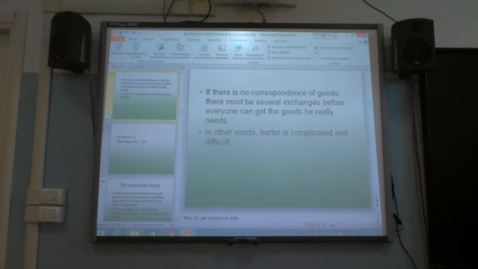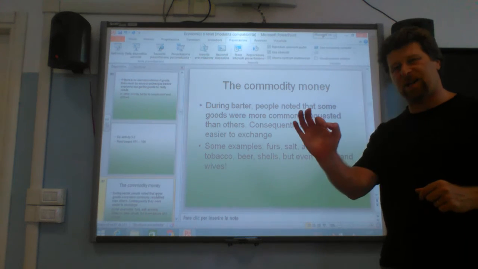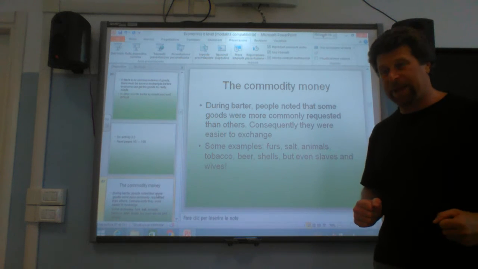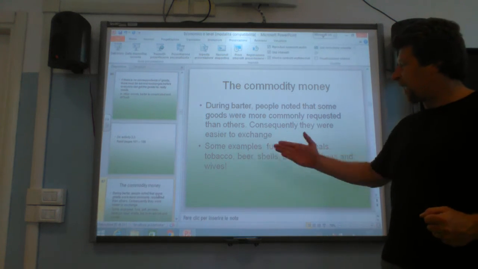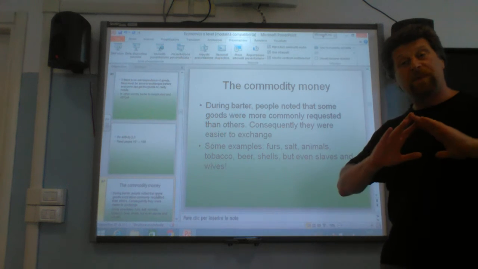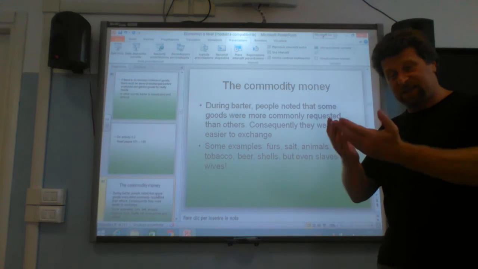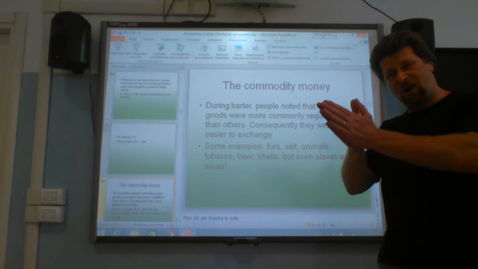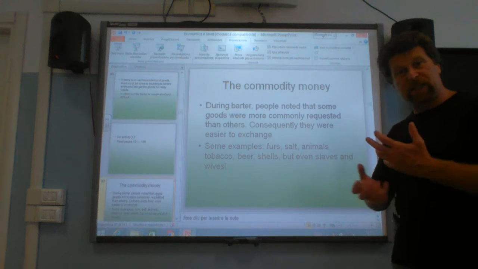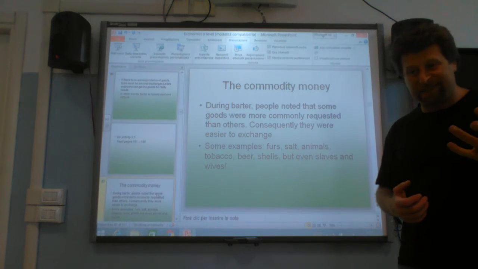So what happened is people started to notice a particular commodity was valued by everybody, and that commodity became money, whether it was tobacco, beer, shells or slaves or whatever. If it was commonly agreed that that commodity had a value of this much, that commodity could be used. It's the same in modern day in prisons.